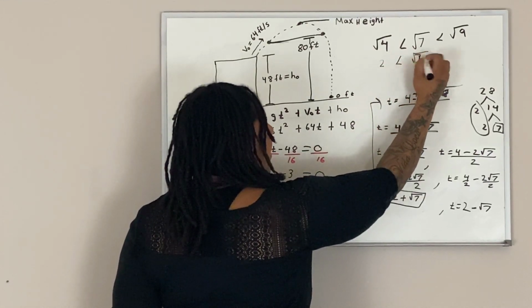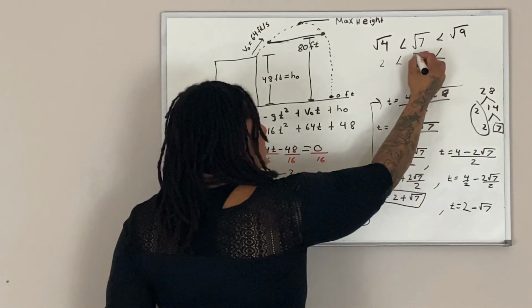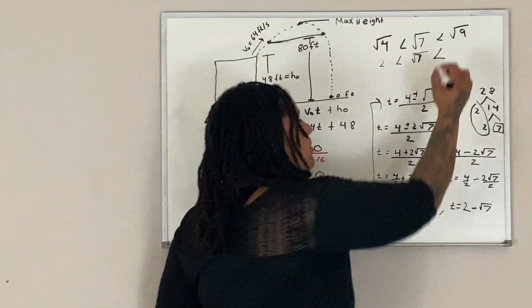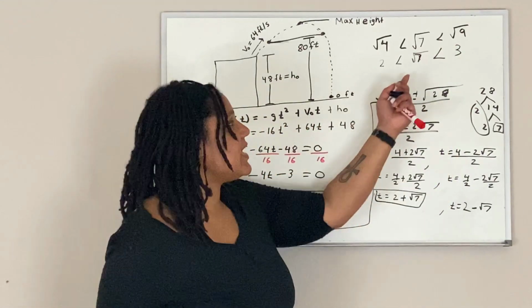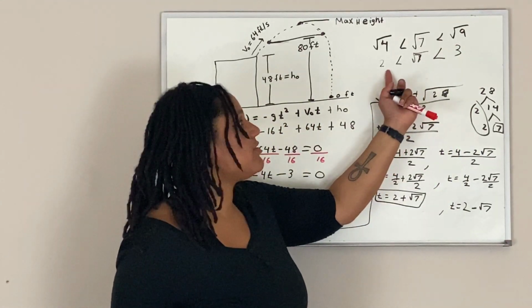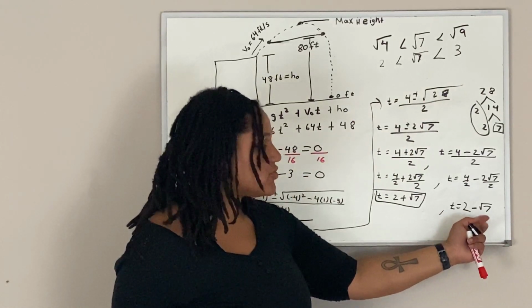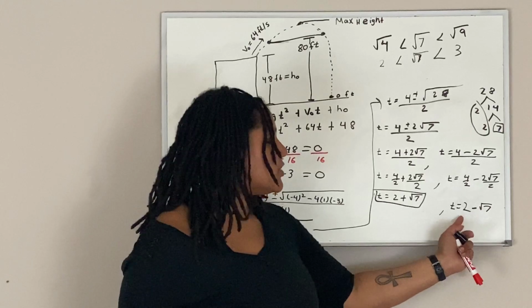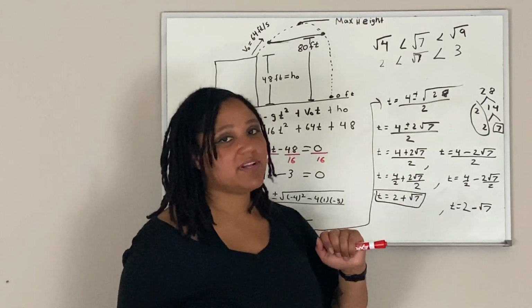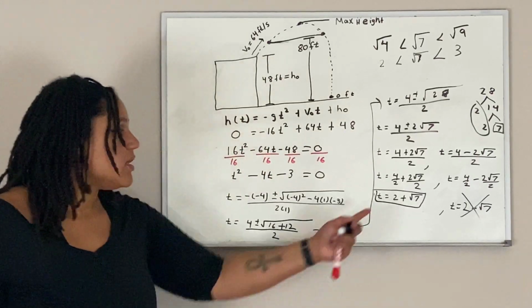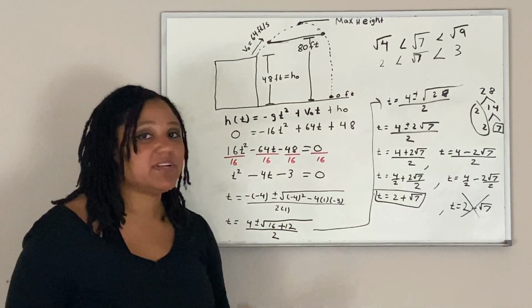So we have this situation. And what is the square root of 9? 3, okay? So we know that root 7 is greater than 2 and less than 3. Since we know that root 7 is greater than 2, then 2 minus root 7 is a negative number. Therefore, we're not going to use that value. 2 plus root 7 is your answer.